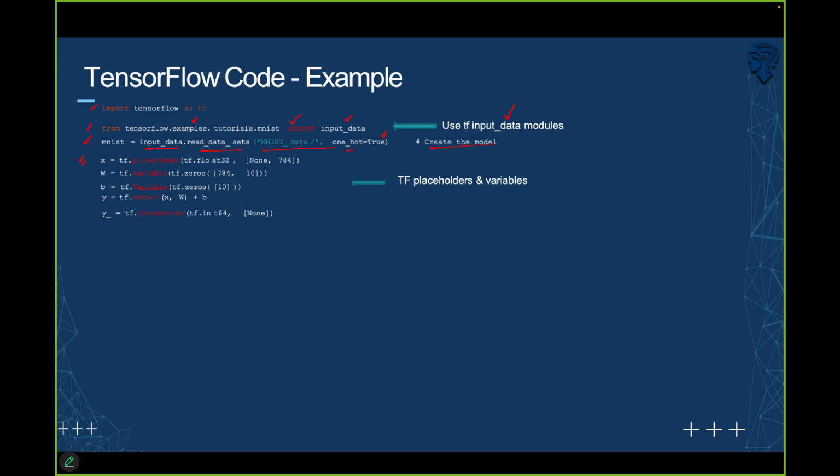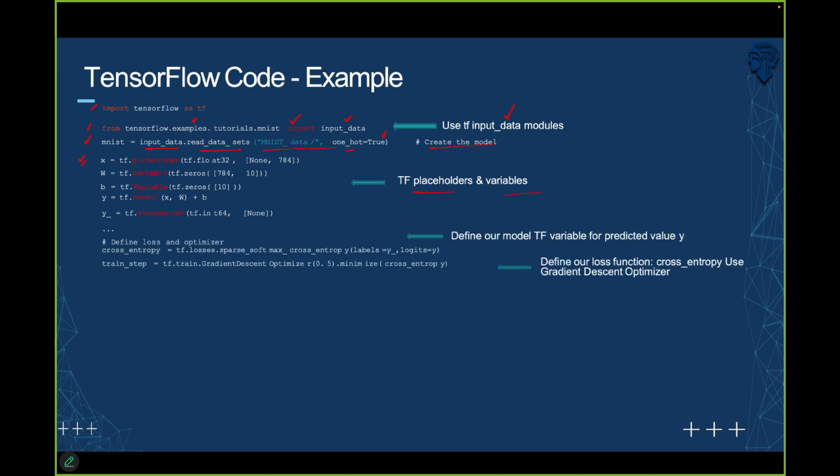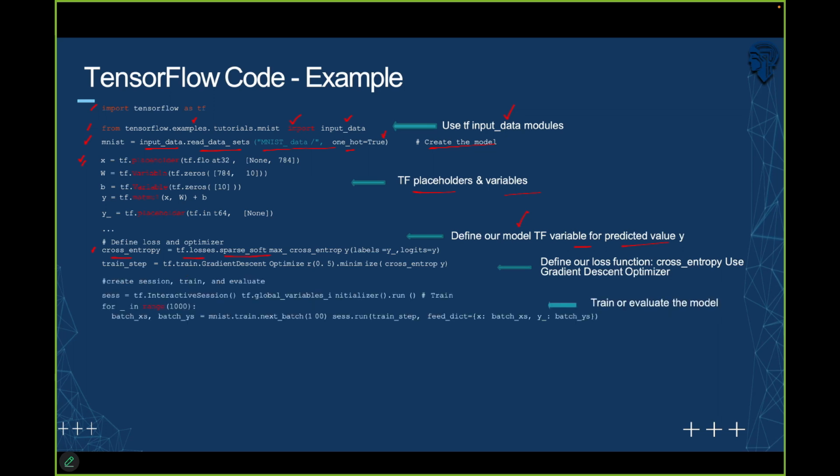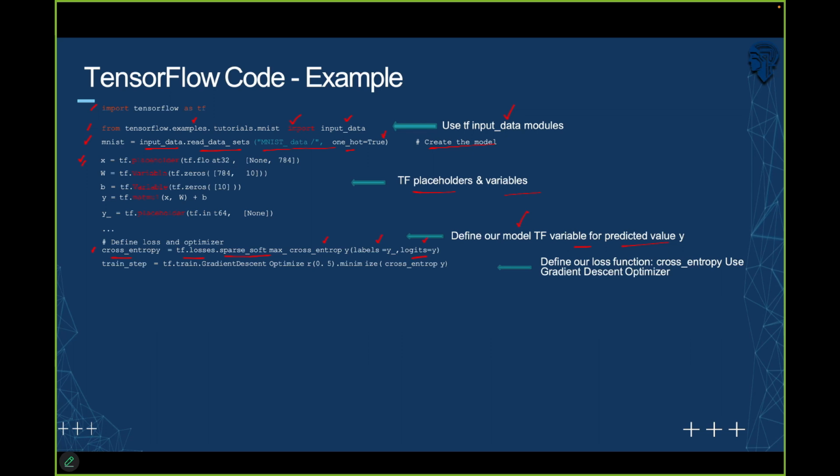X, Y, X, W, B, C, these are all placeholders and variables. And then we define our model tf variable for the predicted value Y, like cross entropy equal to tf.losses sparse softmax cross entropy with labels Y and logits Y. Logits is the output tokens, and this is a gradient descent optimizer.